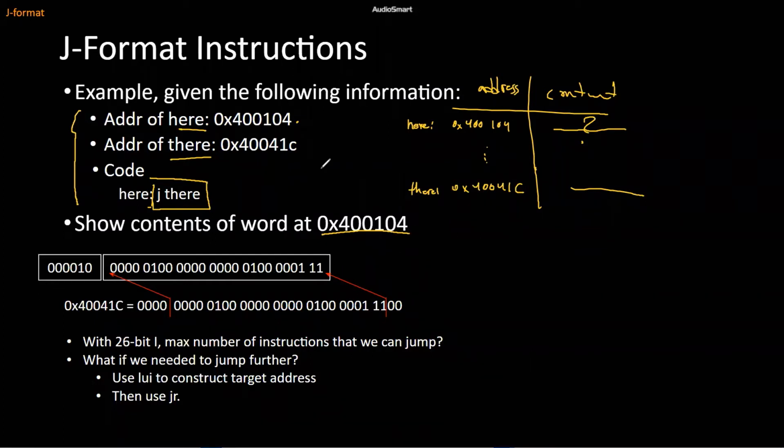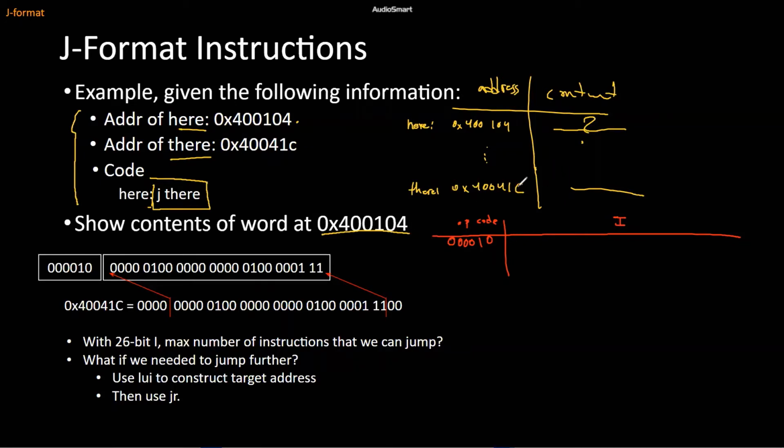I'm going to actually do it again and go through it. The code that we saw on the table was 4 zeros and 10. That was the opcode. And then we have an I. We saw in the previous slide how the I is calculated.